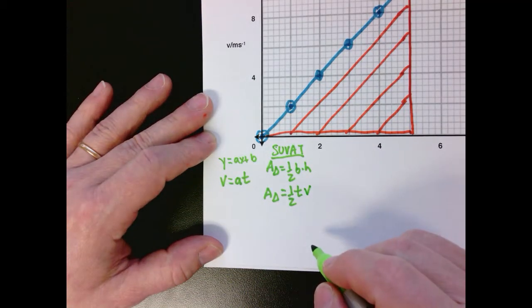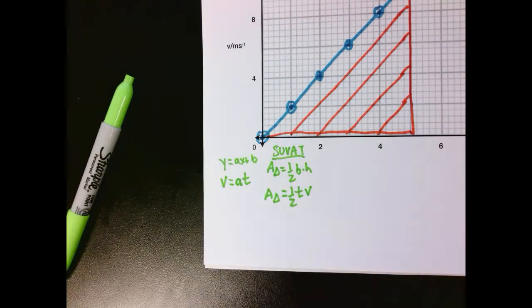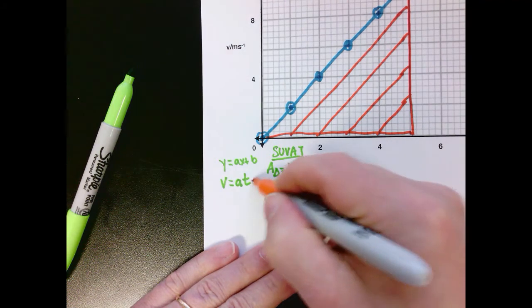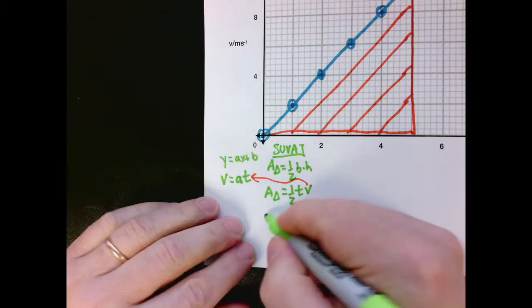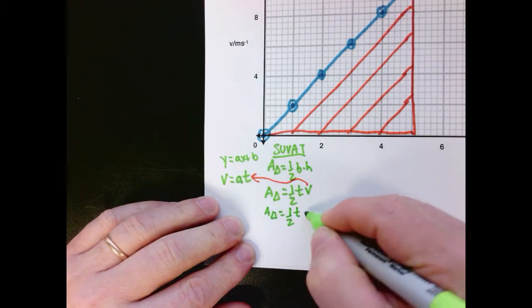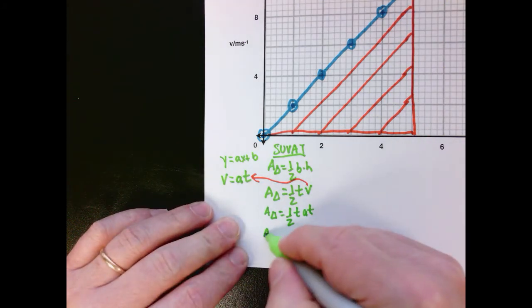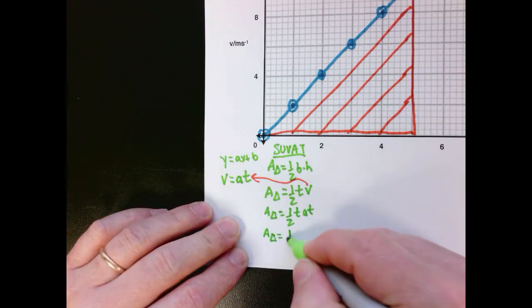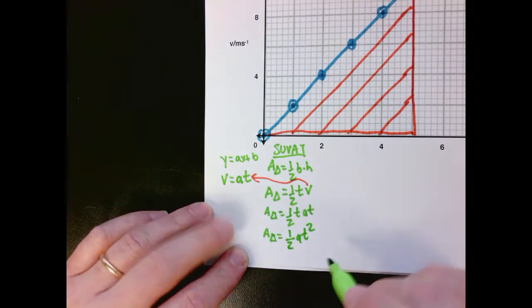So 1/2 TV. But we know that V is AT. So we have area of the triangle equal to 1/2 T AT. Combining like terms, we get area of the triangle is equal to 1/2 AT squared.